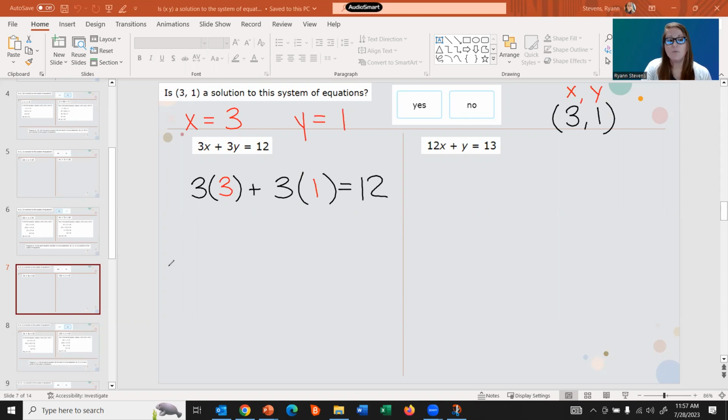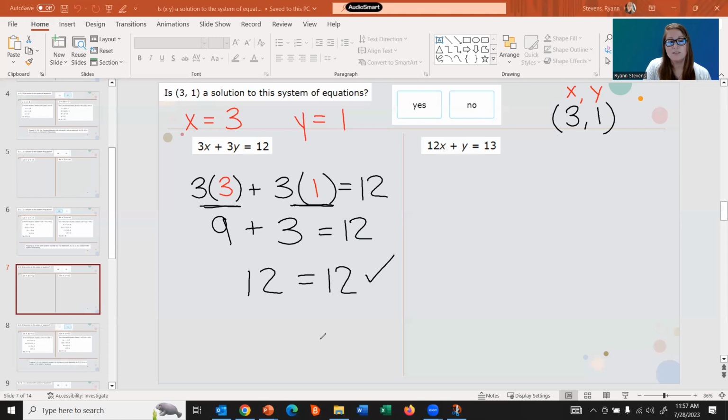Now we're going to start with our multiplication first, multiplying each of these separately. So 3 times 3 is 9, plus 3 times 1 is 3. And that's going to give us an answer of 9 plus 3 equals 12. So 9 plus 3 does equal 12, and so this first one is a true statement.